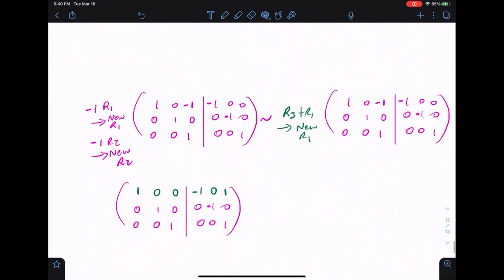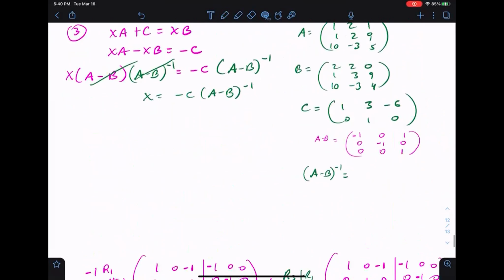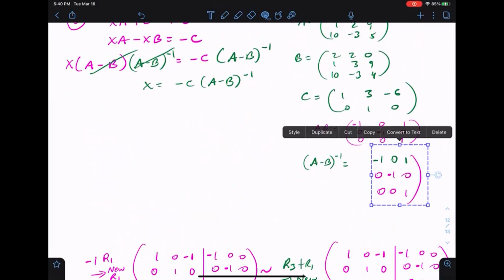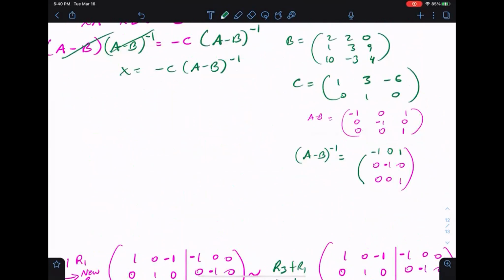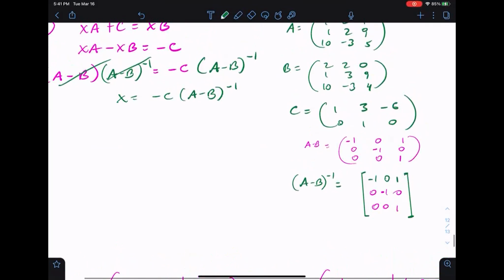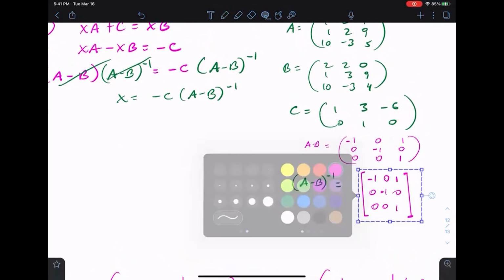Let me copy this. They're smaller, then you can put this in. Okay, so this is the A minus B inverse, right? Let's change the color and put that in this color. Same thing.